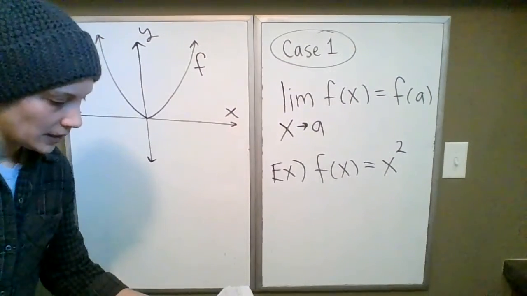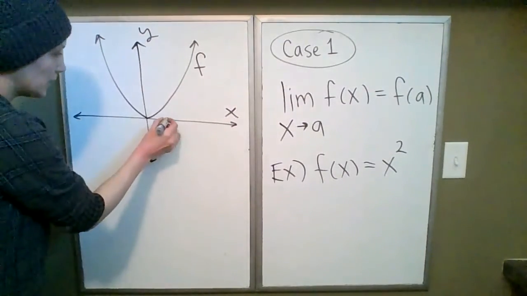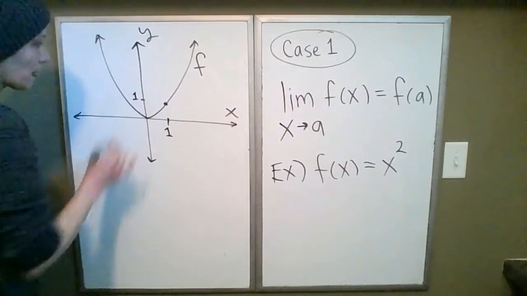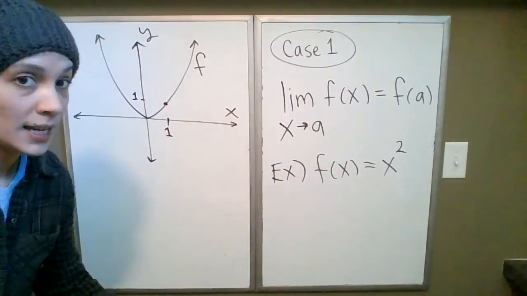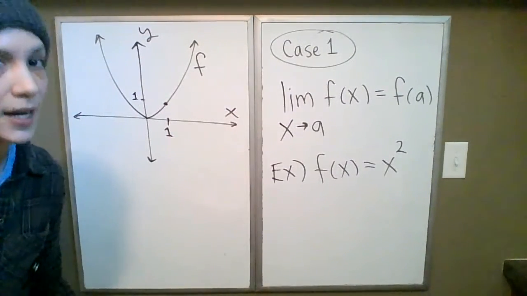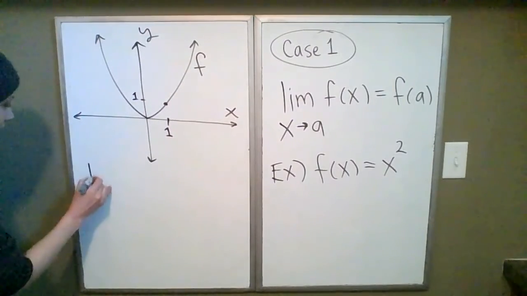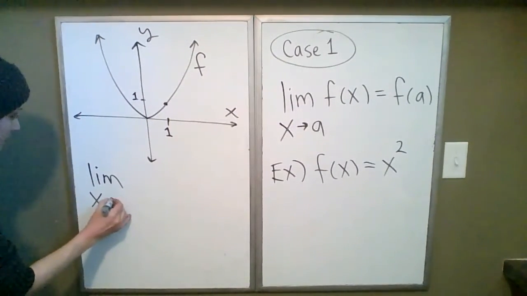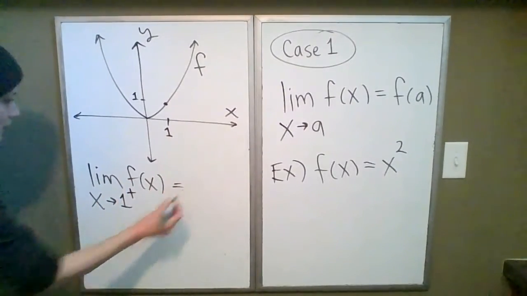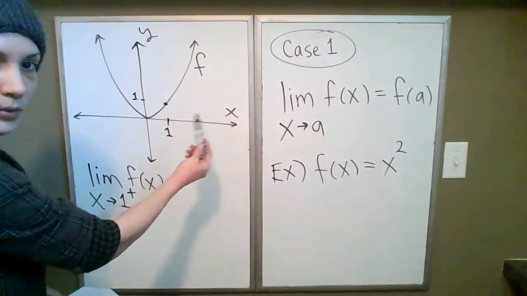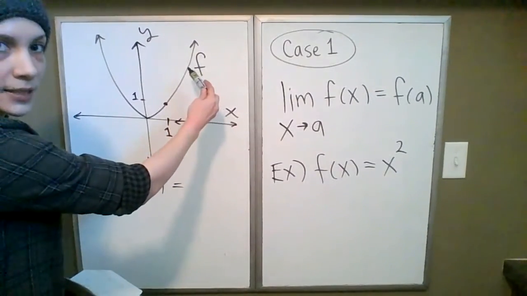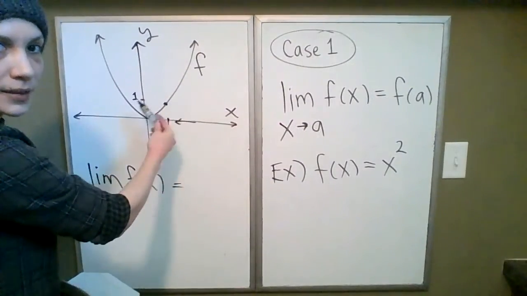I'm going to label the point 1, 1. And the limit as x approaches 1 from the right of f of x. So then you're getting closer and closer to 1 for your x values. F of x values are getting closer and closer to 1.